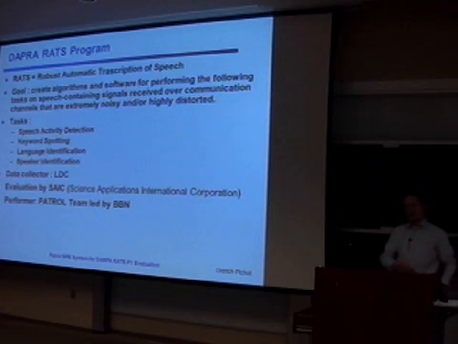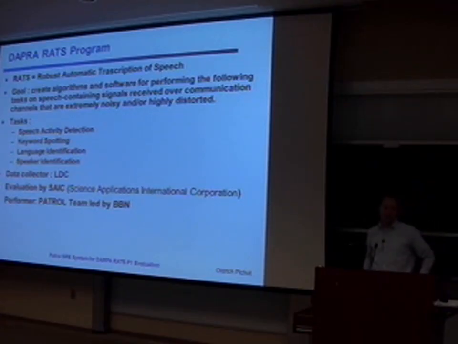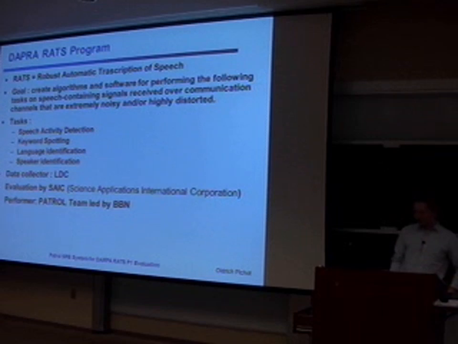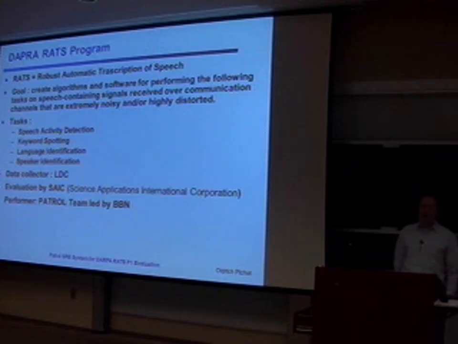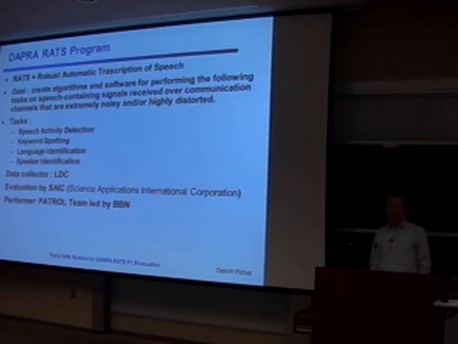Data for this project are collected by the Linguistic Data Consortium, and the evaluation is done at SAIC. This is the Science Applications International Corporation, and I see it as a corporation maybe similar to NIST. I'm not so familiar with these US institutions. And our team is called Patrol, and it's led by the US company BBN.